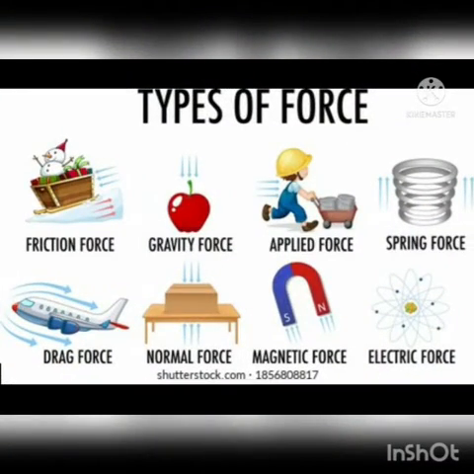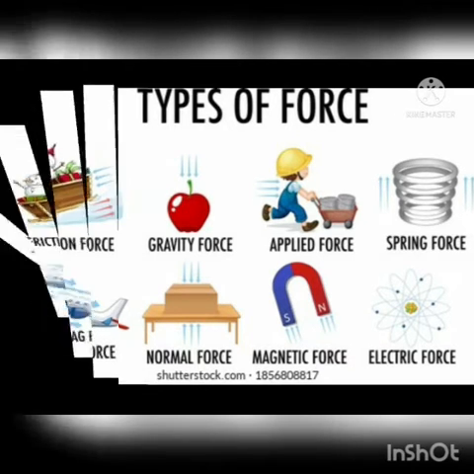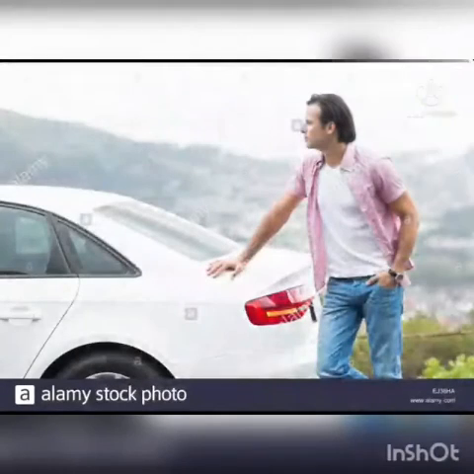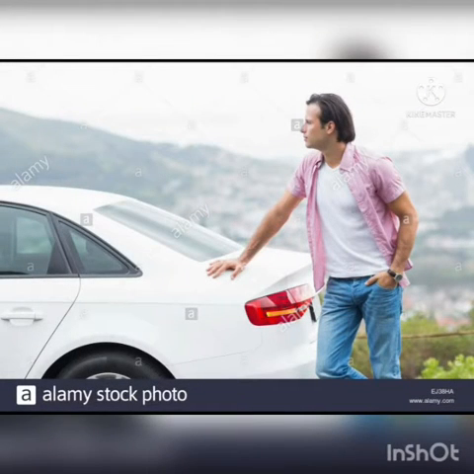Now, when does the force come into play? Whenever there is an interaction between two objects, there is a force between the two objects. Let's consider the examples given in the textbook. In the first image, the man stands behind the car and the car doesn't move.